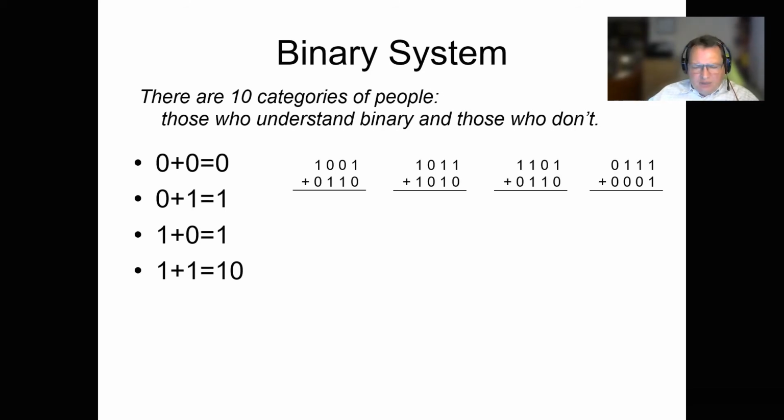So let's have a look at these additions. 1001 plus 0110. We will add consecutive digits starting from the right hand side. It's very important that we always start from the right end of a number. It's the same thing whether it is binary or decimal.